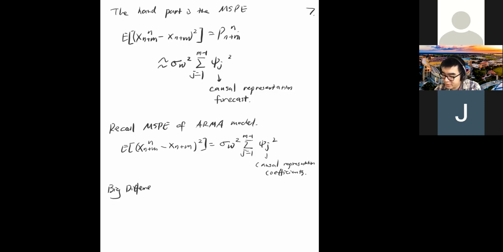If you just look at these expressions, they are very similar, but they are actually very different. For the ARMA model, we know the model is causal and invertible, so the model is stationary.